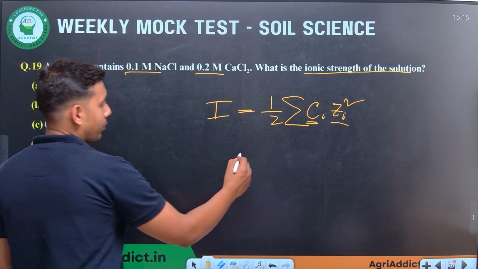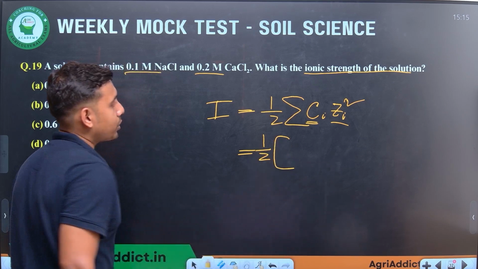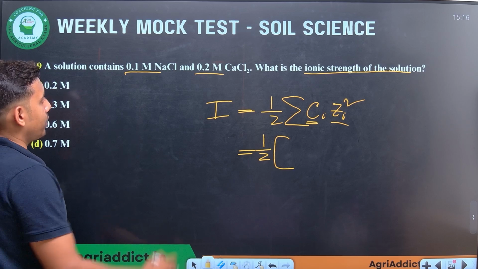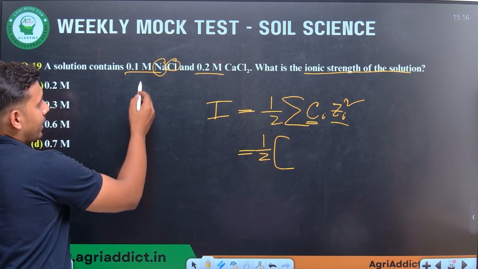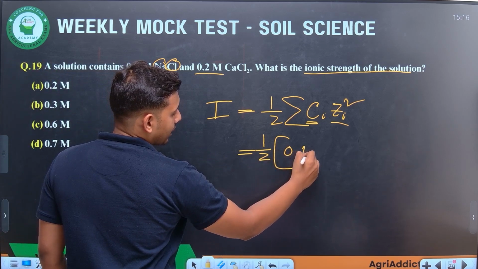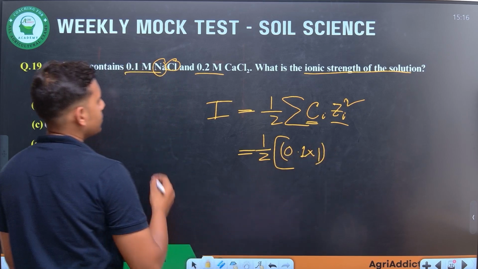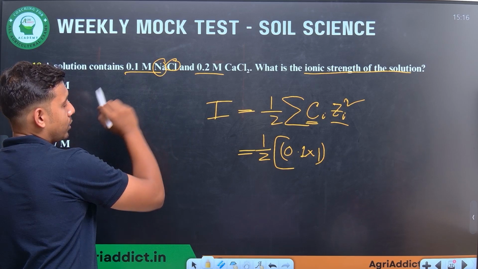So for the calculation, what we have to do? Take half, then the summation. Summation of what? Ci Zi squared. Ci means, first, sodium chloride. Sodium chloride has sodium and chloride. For sodium, the concentration is 0.1 molar, and the valency of sodium is plus 1. Chloride is also minus 1 and it has 0.1 molar.